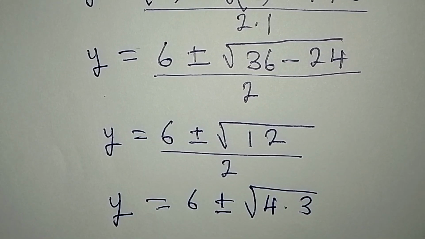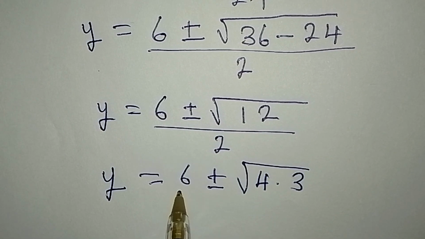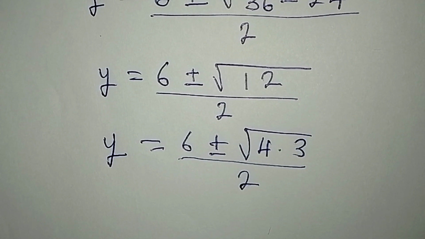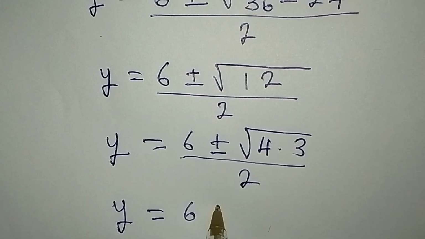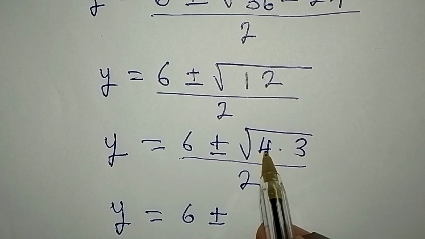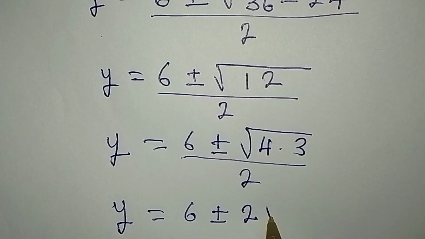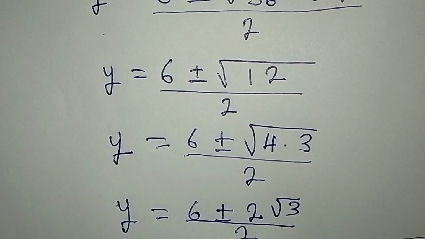What I've done is to bring out the factor of 12 that's a perfect square, and that is 4. Then divide this by 2. If we continue, y will be equal to 6 plus or minus the square root of the perfect square, which is 4, is 2, then root 3. The whole of this will be divided by 2.